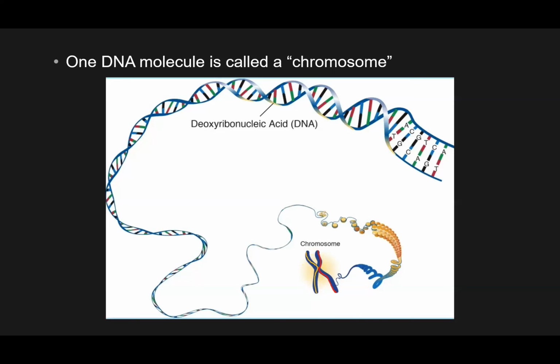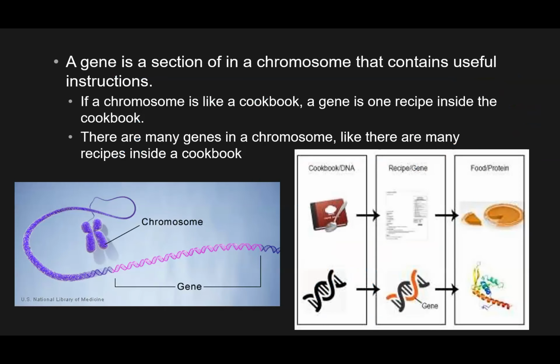So those are the two chromosomes, and remember we have 23 pairs, which means we have 46 chromosomes, which is the same thing as saying we have 46 DNA molecules. Just a very, very long molecule to make up one chromosome.